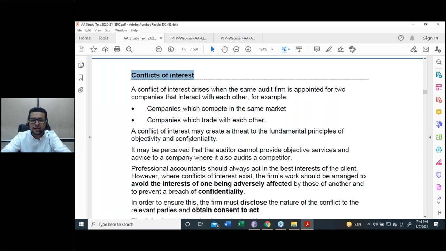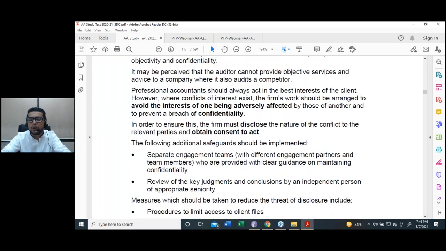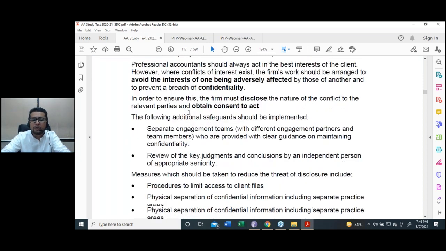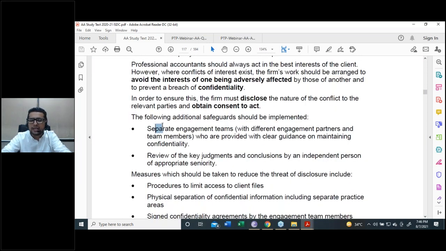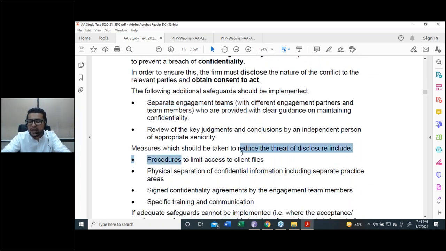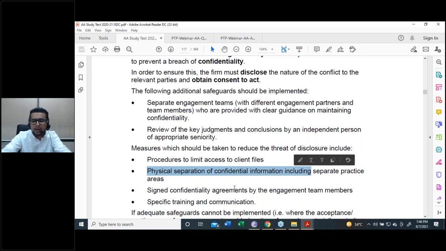Now the burning question is, are you allowed to audit Toyota considering you are also auditing Honda? The answer is yes, provided you come up with certain safeguards. You have to make sure that there are two different teams for the two different audits. You have to make sure that there is very limited access to the client files, and the information is highly secured.